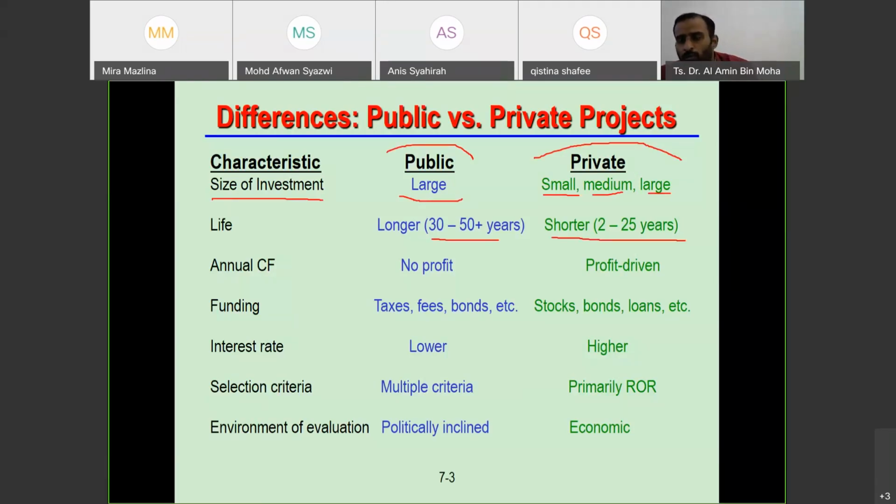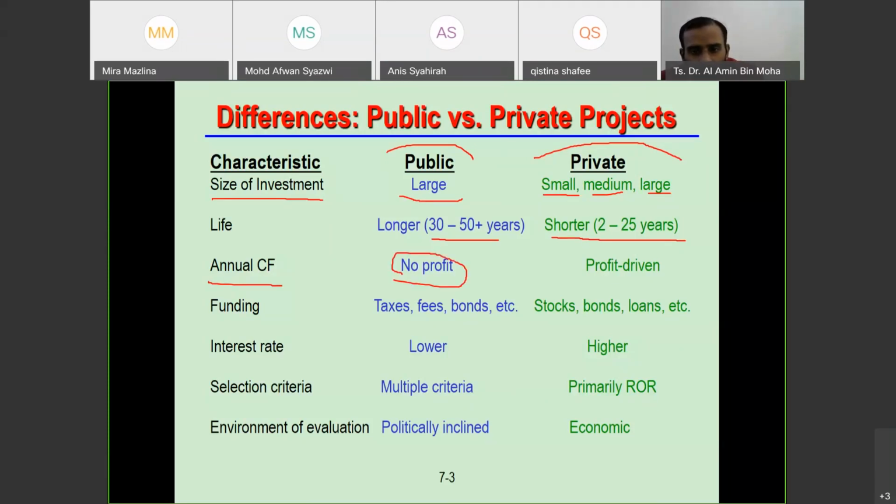Like if you want to buy a machine for the company, maybe you estimate the machine can be used for 20 years, 15 years, 10 years. Sometimes you need to update. But for public projects, people are going to get angry if they can't use certain infrastructure for a significant life. So annual cash flow, no profit.